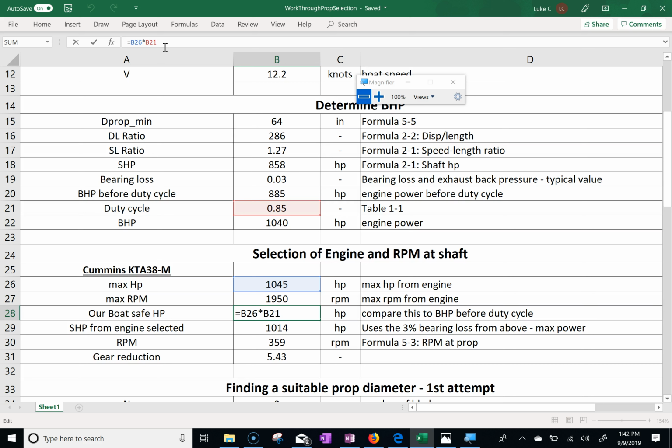What we're looking at now in our boat safe HP is we're comparing it before the duty cycle. So this takes this max HP and that's the duty cycle correction factor.